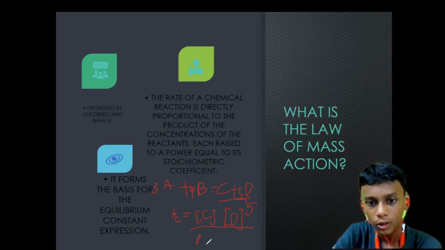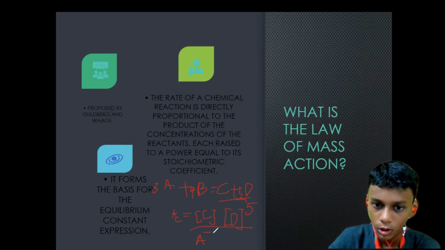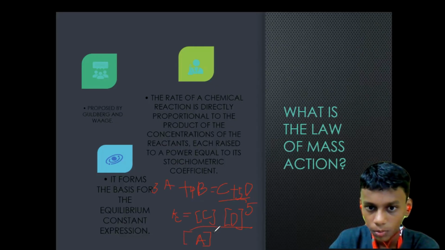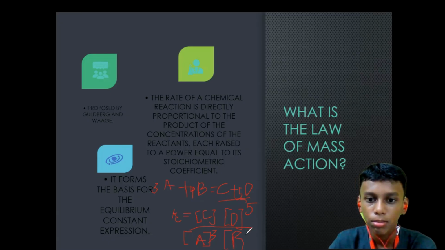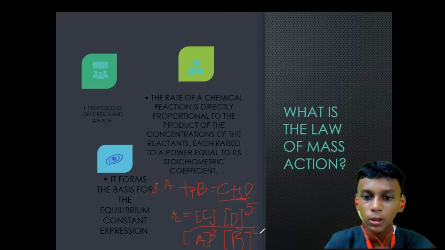A to the power 3 and B to the power 4. So this is how the stoichiometric coefficient goes into the power.